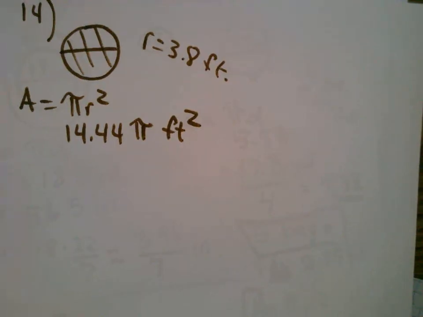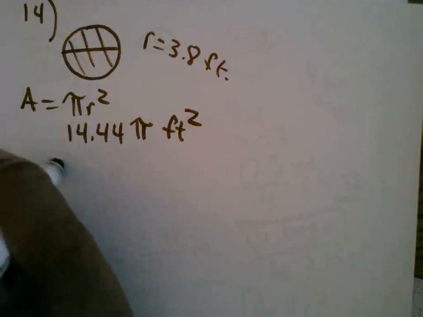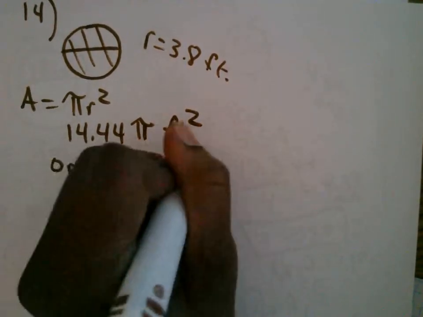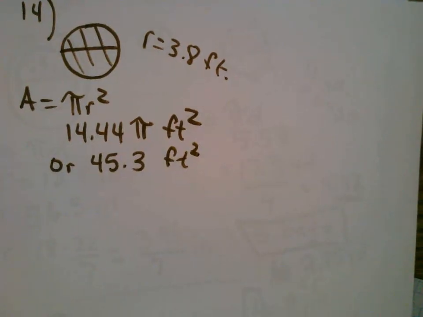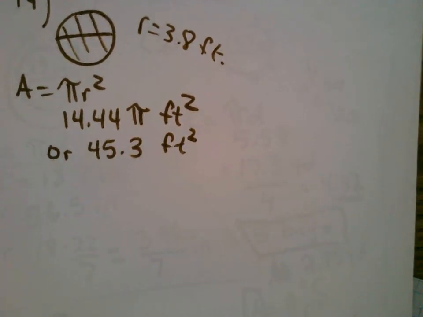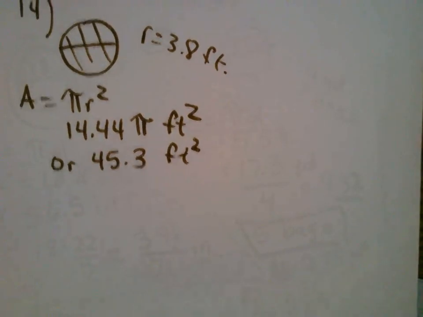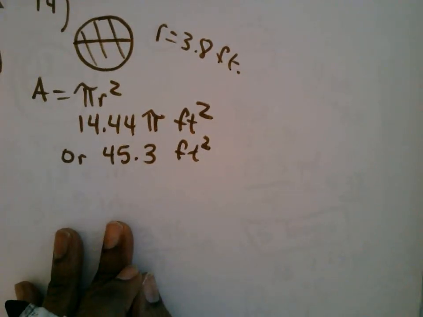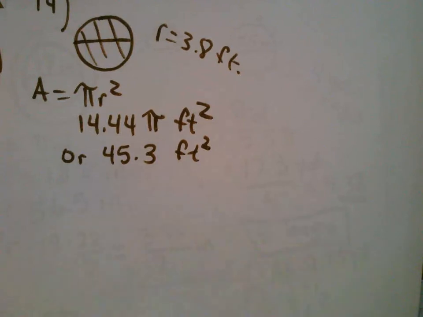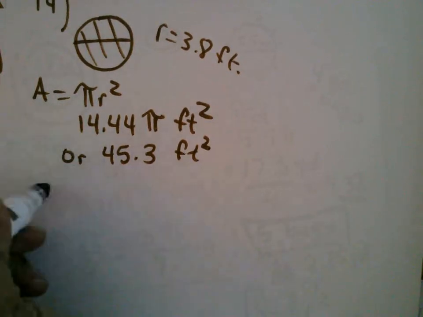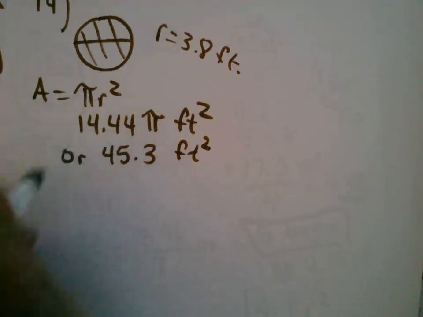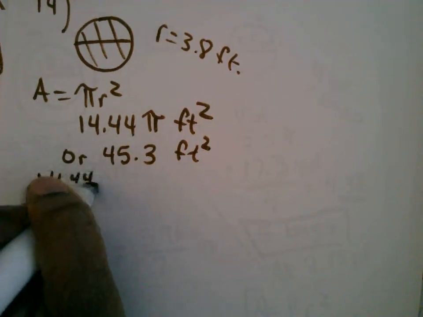Now, you can take that and multiply it by pi to get your second answer. I'm not going to worry about 22/7 for this, but if you can do it, great. It would be 14 and 44 100ths.